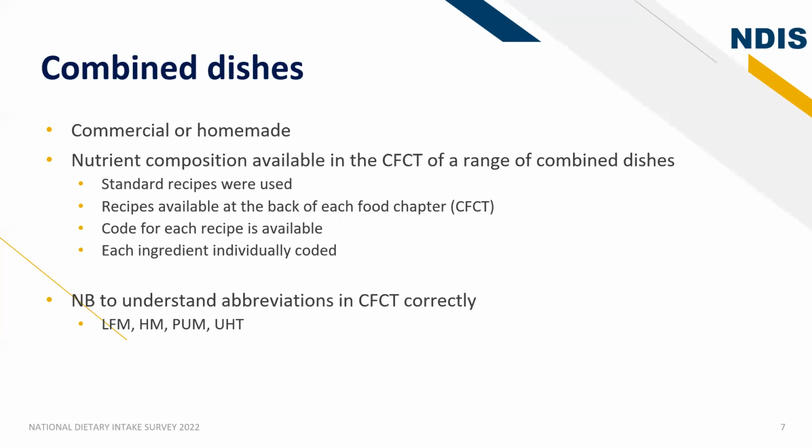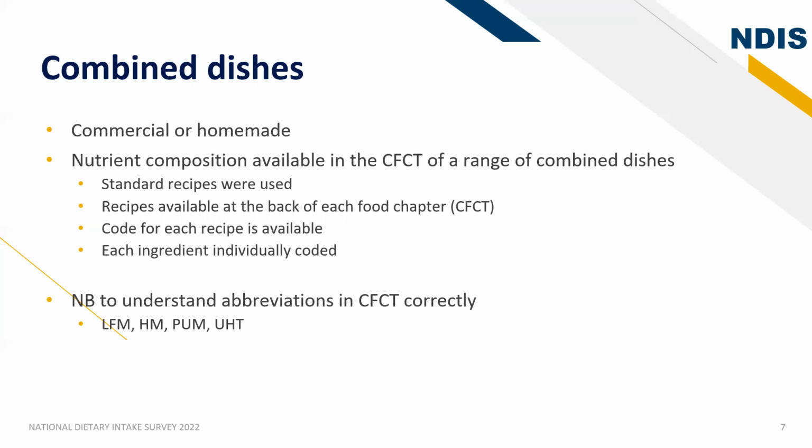I don't have those two in my mind at the moment, but what commercial brands are available, and then you add that to the brands column on your 24-hour recall, as well as on your QFFQ, where you add the extra column to indicate if it was homemade or if it was commercial.